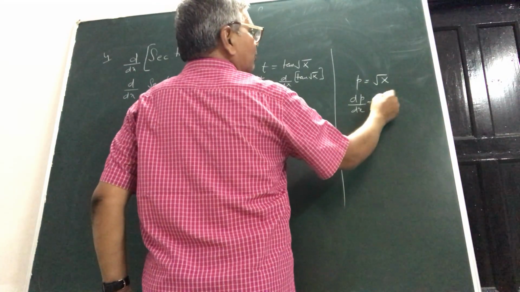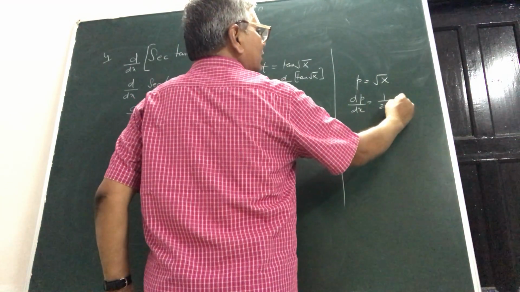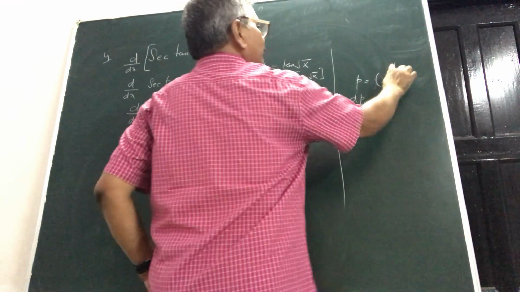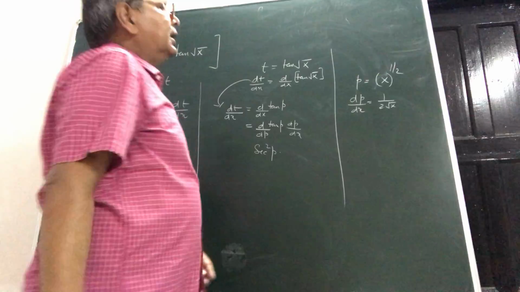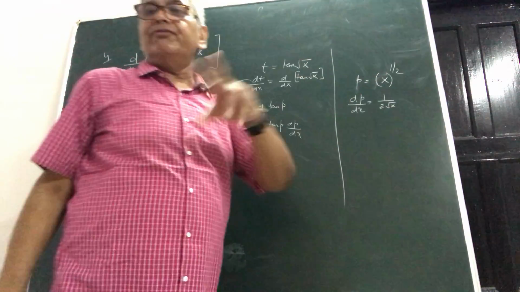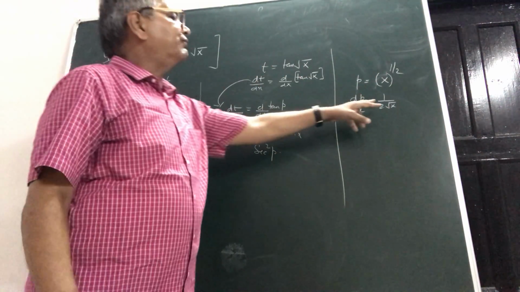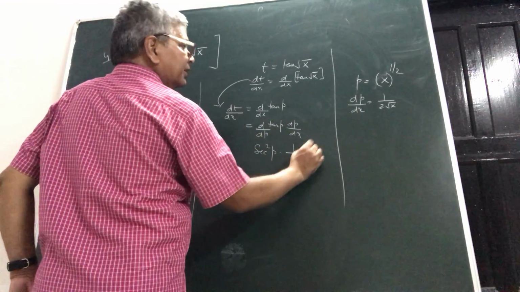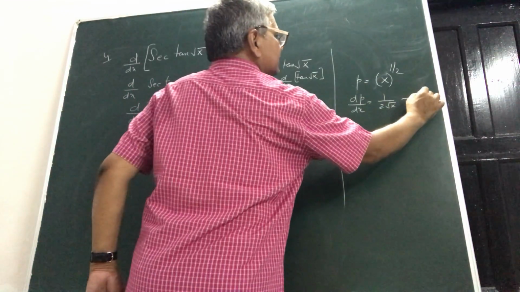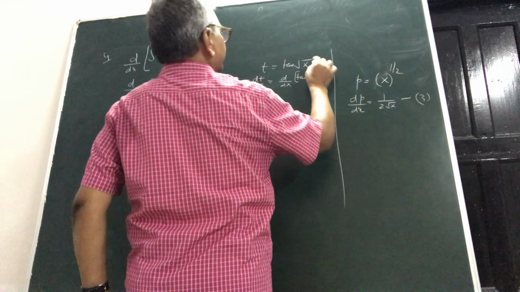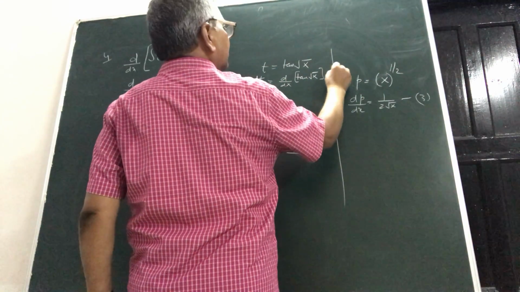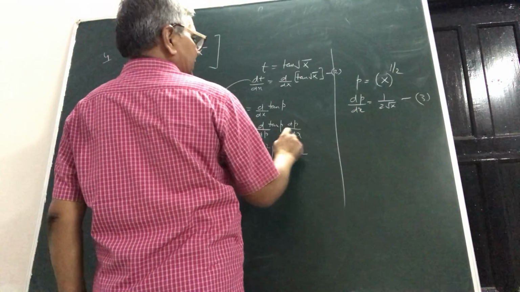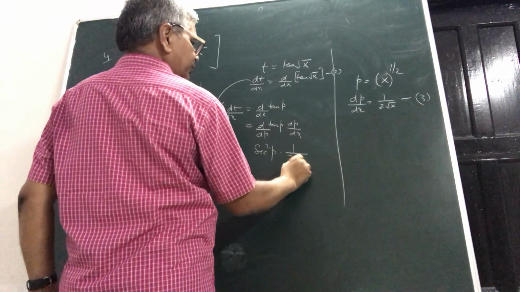Root x is x raised to power 1 by 2. What formula? The derivative of x to power n is n x raised to power n minus 1. So 1 by 2, and x raised to power half minus 1, that is minus half. So this will come here. And now you put the value. dp by dx you will put from here. In this, you will put sec square p, and dp by dx is 1 upon 2 root x.